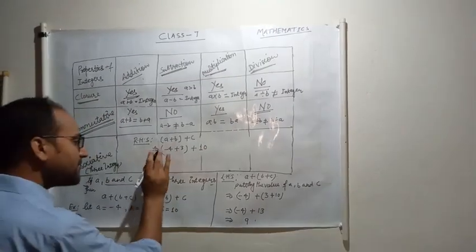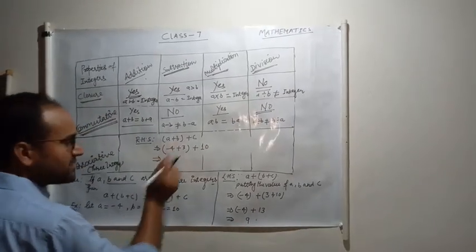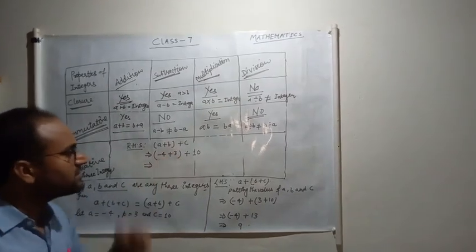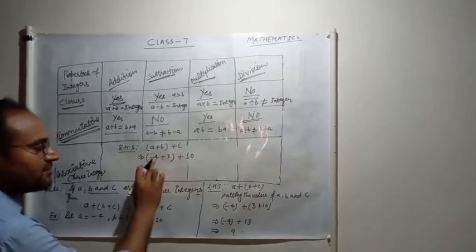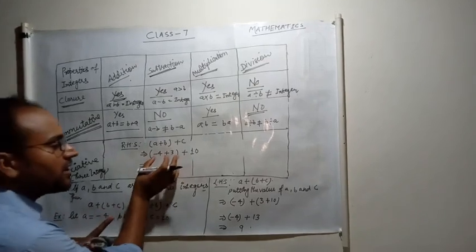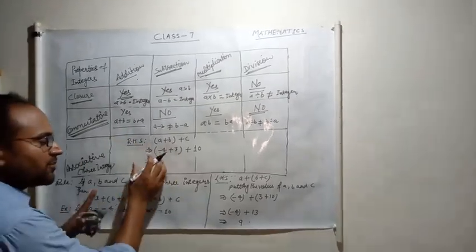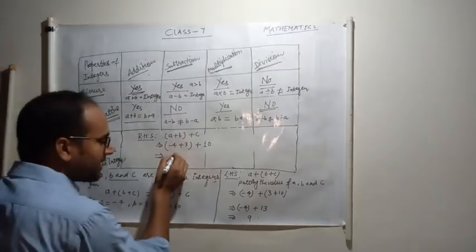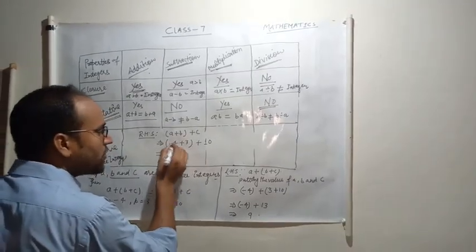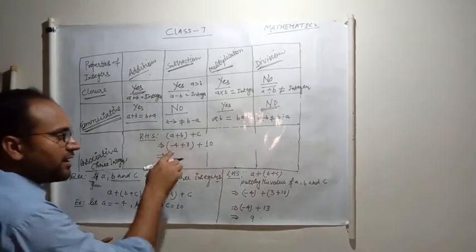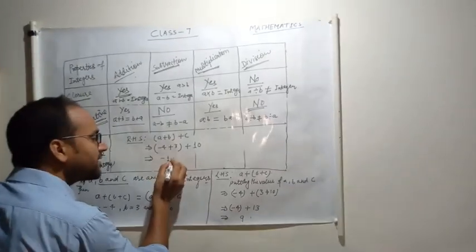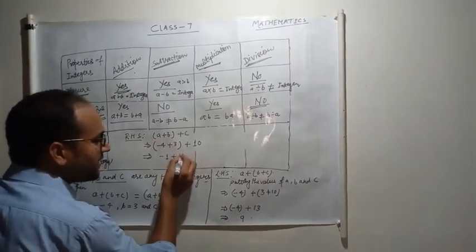You know that first we solve the brackets. Minus 4 and plus 3 have different signs. We subtract and put the sign of the larger integer value. So 4 is larger, its sign is minus. After subtraction, 4 minus 3, we get 1, and the sign is minus, so minus 1, and plus 10.